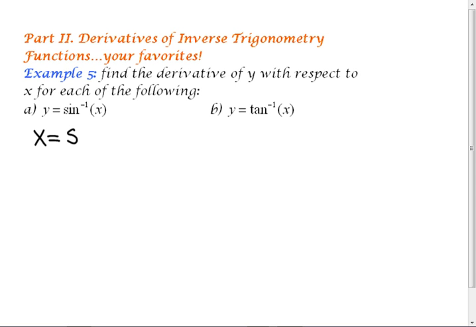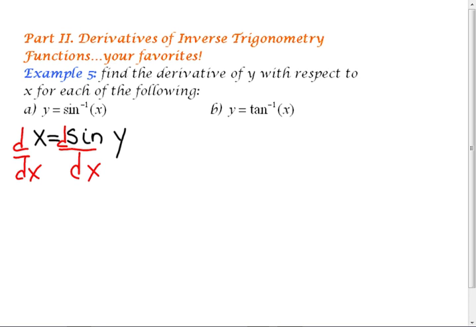X is equal to the sine of y. If you forget, you need to know this, but if you forget, we can do it implicitly. Now we're going to find the derivative with respect to x. There's going to be the little trick here, and then I'll have you do the tangent. And these are the two you need to know. You have to memorize these.